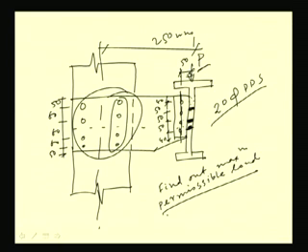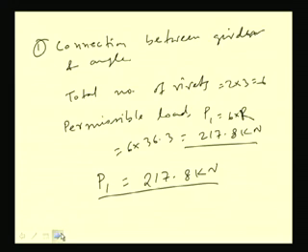The load is acting here and we have to make connections here. So, 50 mm eccentricity is there. So, moment is there as well as the direct load, and for that we have to make provision accordingly.